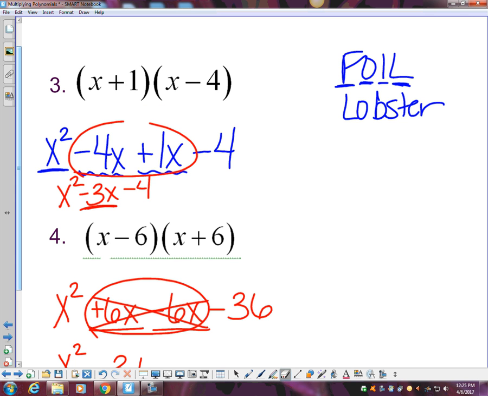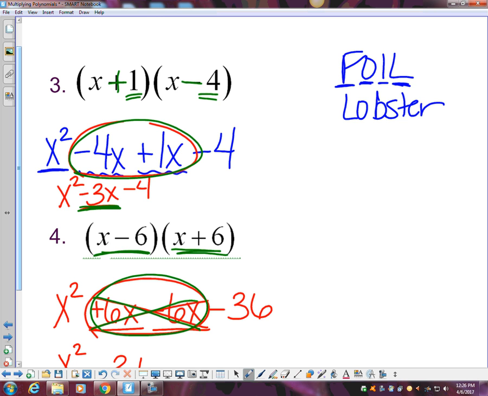Could you look at number 4 and tell that your middle 2 terms were going to cancel? If you have x plus a number times x minus the same number, this part right here should always happen. Now notice in number 3, I have a plus and then a minus, but are these numbers the same? No.